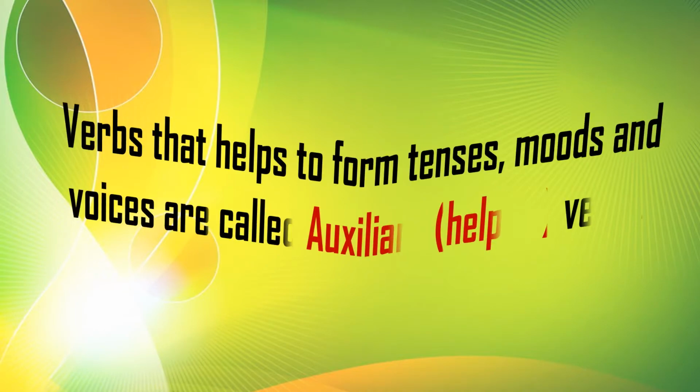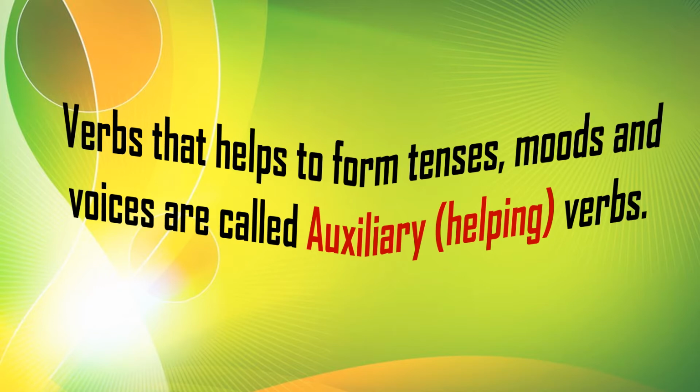So there is a definition of the auxiliary verbs. Verbs that help to form tenses, moods and voices are called auxiliary or helping verbs. So this is one definition of the auxiliary verb or the helping verb. You know we write sentences in different tenses.